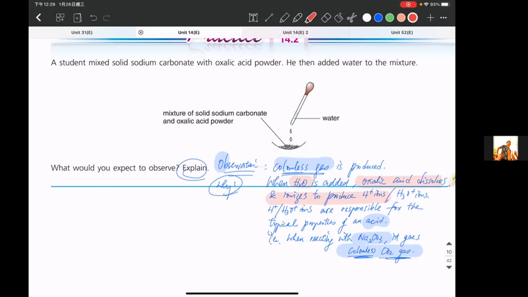Could you please tell me on what occasion, even if I work at home, I can still do this similar reaction? How? Cooking, I produce CO2.